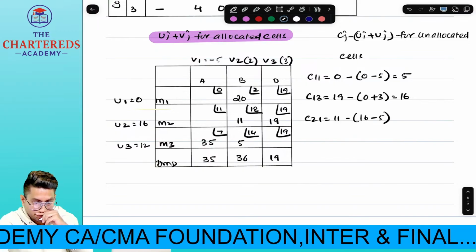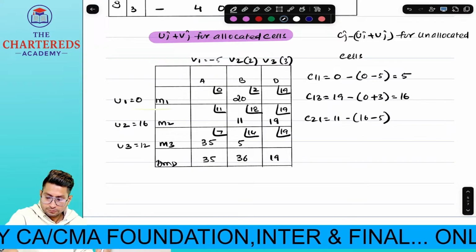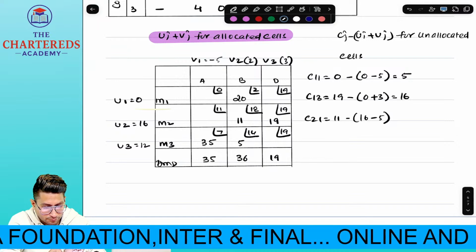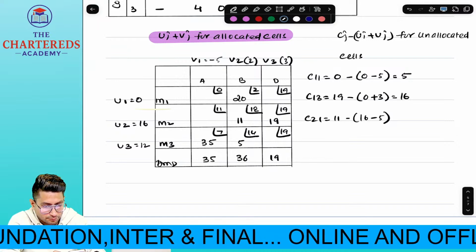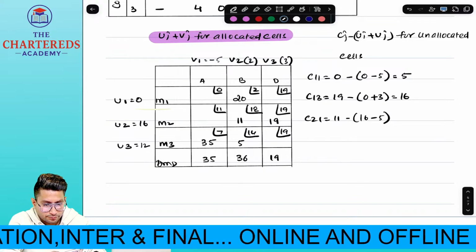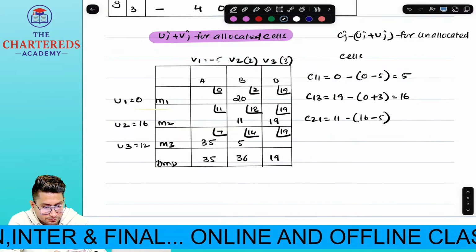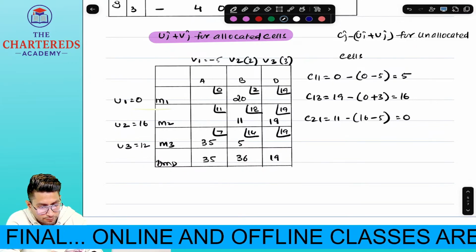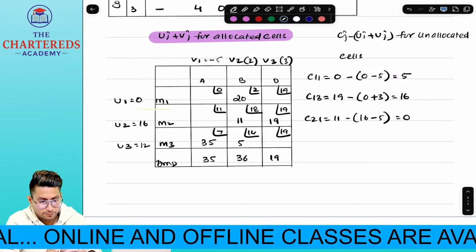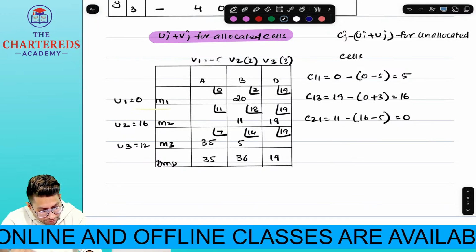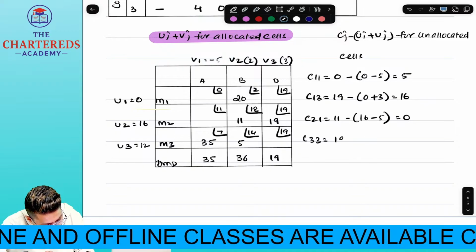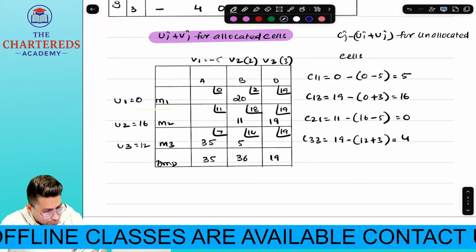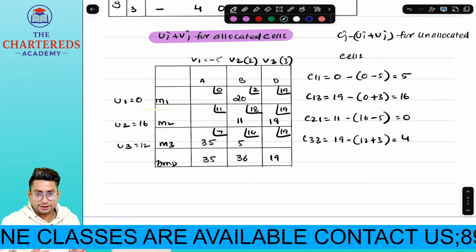Calculate once. How much? 0. Next, C33 is equal to 19 minus (12 plus 3). How much? 4. So we didn't get any negative, right? So this is the final answer.